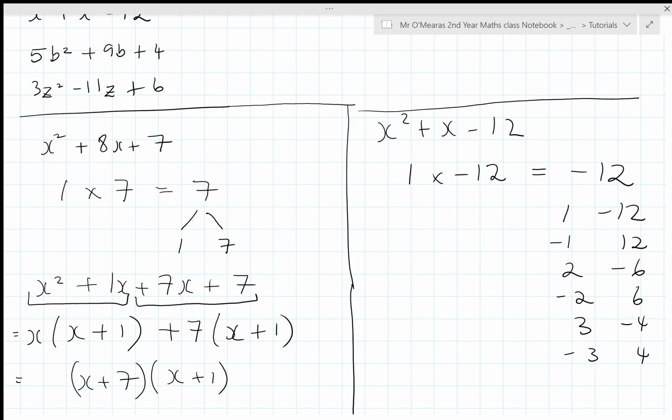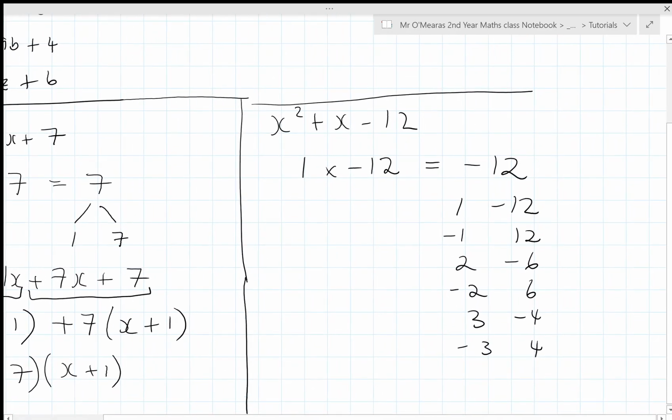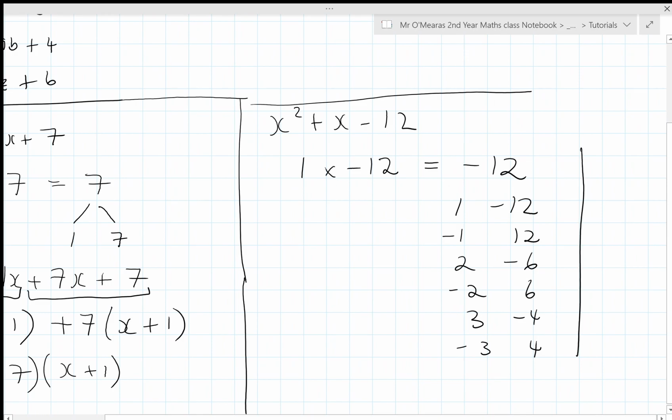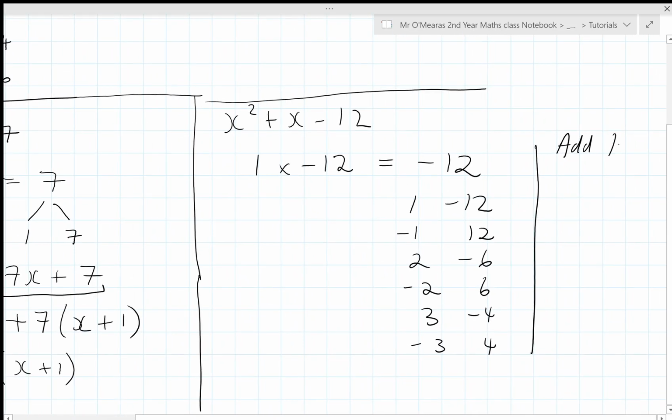when they multiply together, we know they get minus 12, so they've passed that first test. The second test they need to pass is, do they add up to plus 1? So 1 and minus 12 add up to minus 11, so no, it hasn't passed the test.